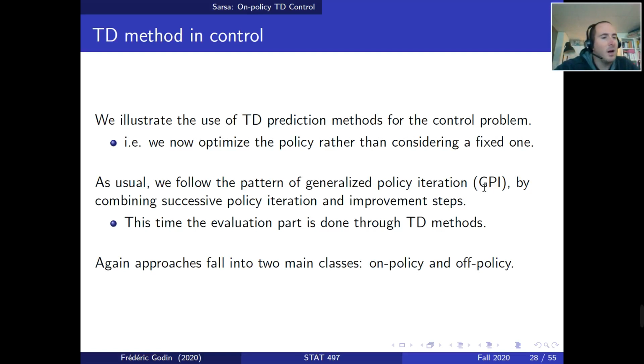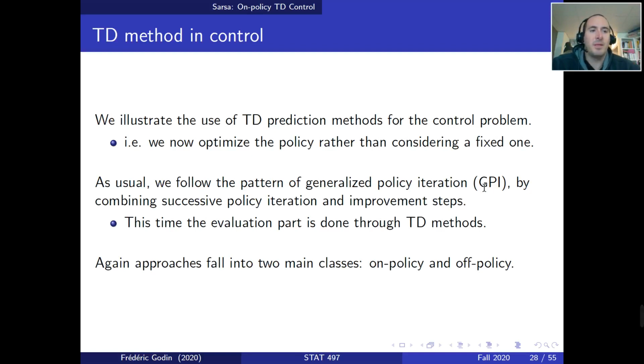And then we're going to alternate these policy evaluation steps with policy improvement steps, where based on the current estimate of the value function, we make our current policy greedy with respect to that value function to try to improve the policy and eventually converge to the optimal one.